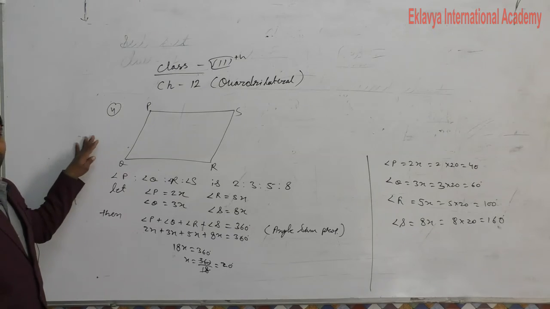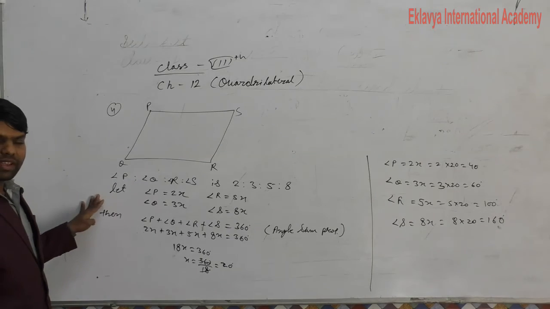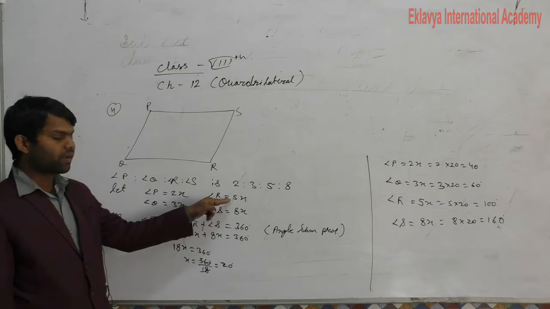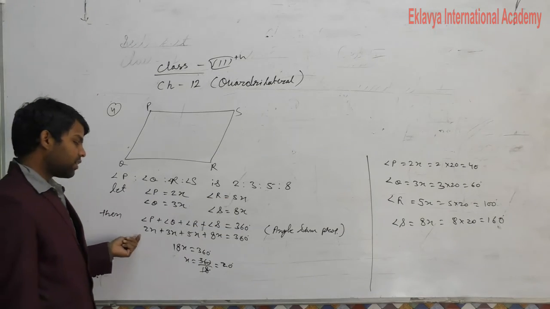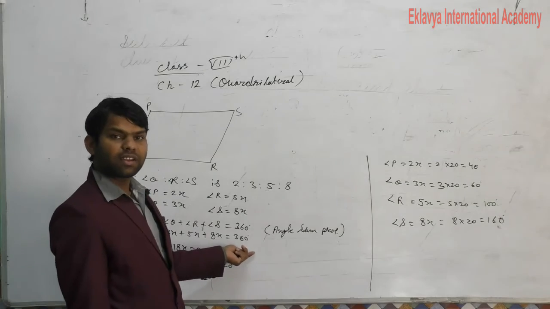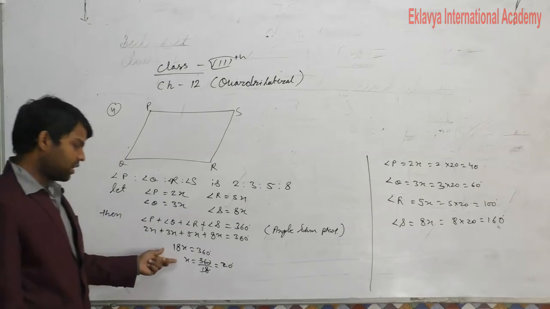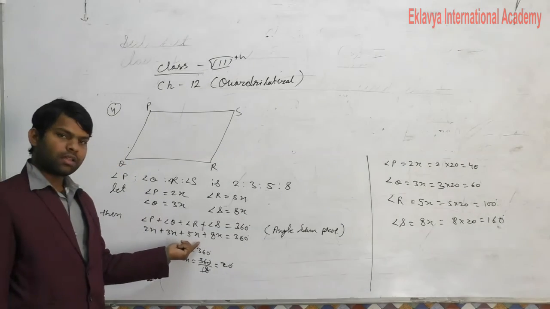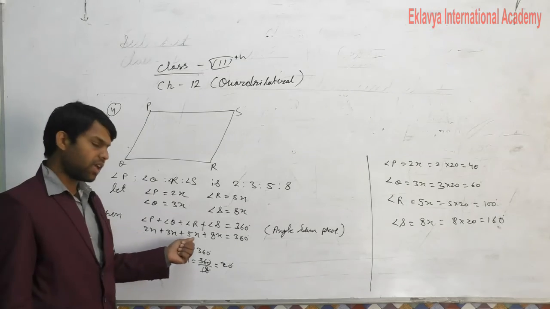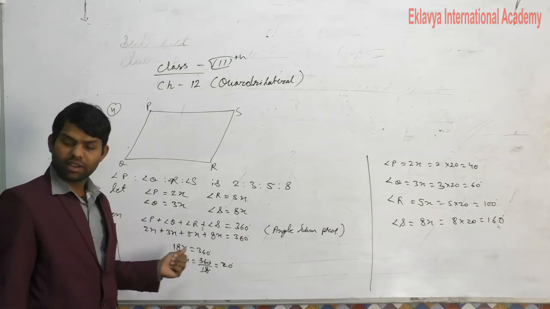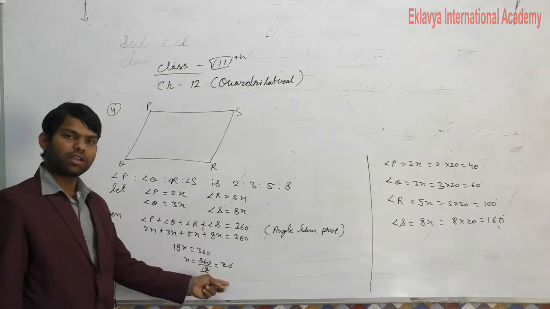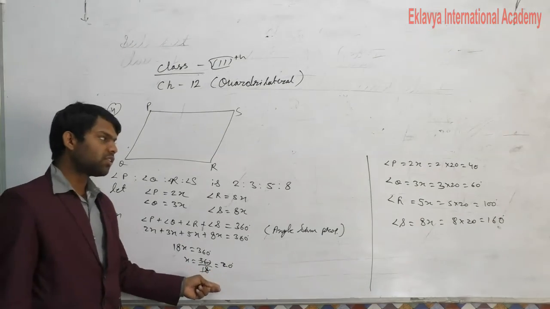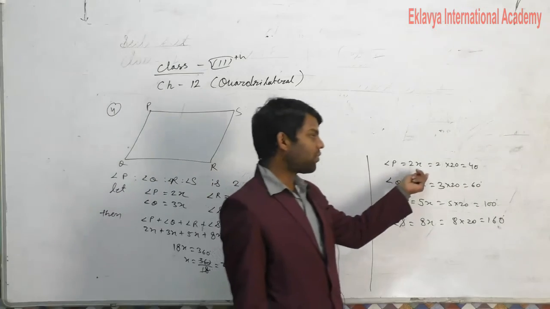So first we assume the ratios of these angles are 2x, 3x, 5x and 8x. According to our question, we know that the sum of all angles is 360 degrees. Then 2 plus 3, 5 plus 5, 10 plus 8, 18x. If we divide by 18, we get 20 degrees. So the value of x is 20. Now we want to find the angles.